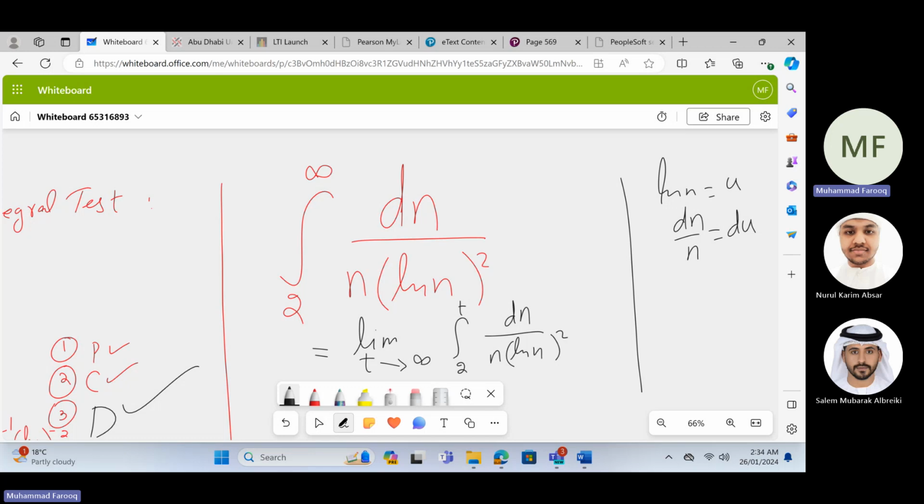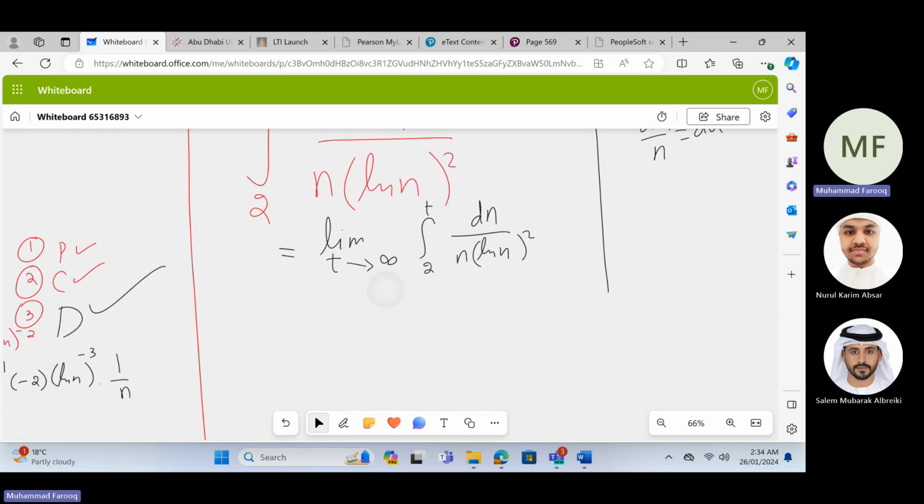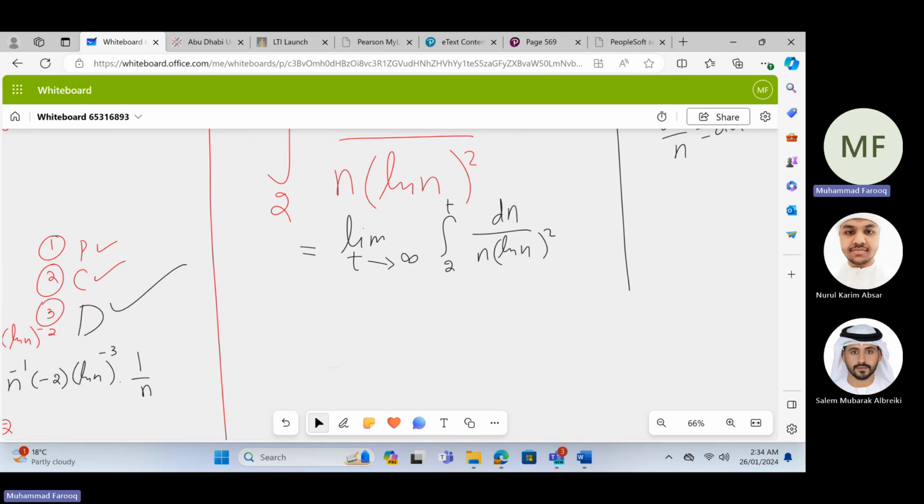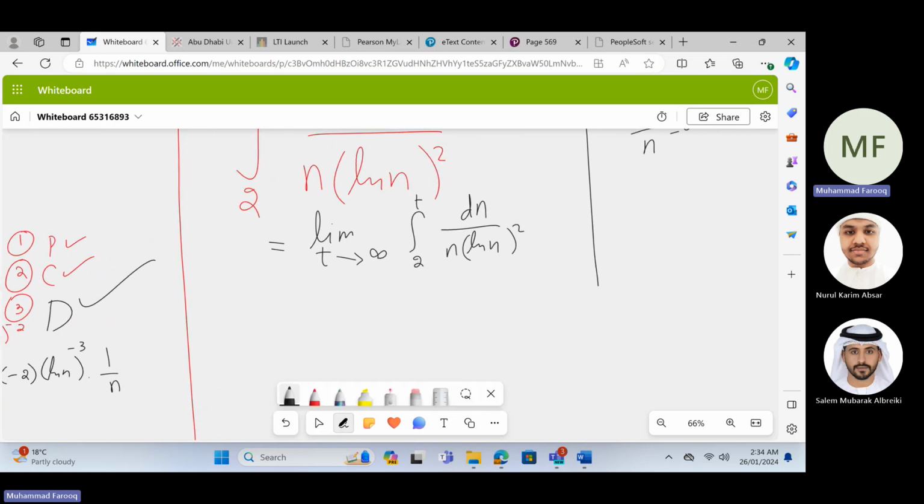We have already done this stuff, so don't worry at all. Only this third part takes time because we need the differentiation. Now the limit as t approaches infinity. So dn by n is du, and ln n is u, with the square. Yes or no? Yes. Please integrate du by u squared.